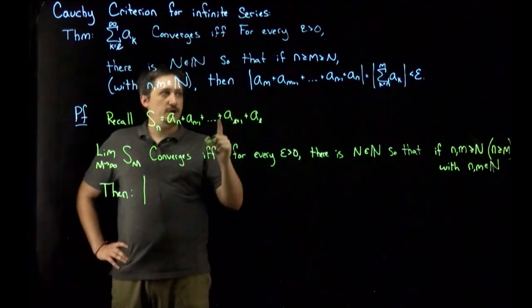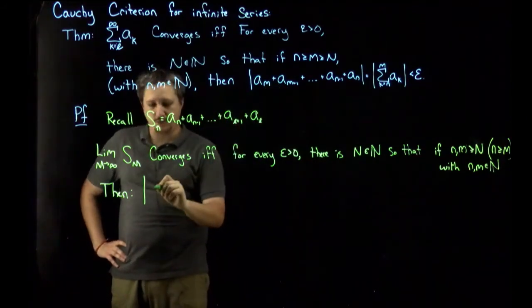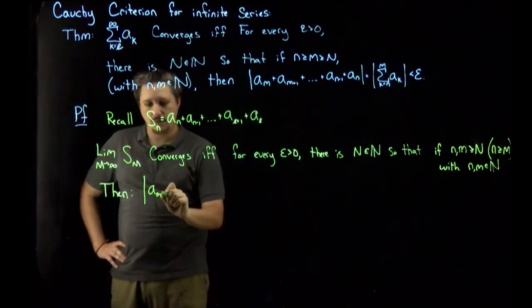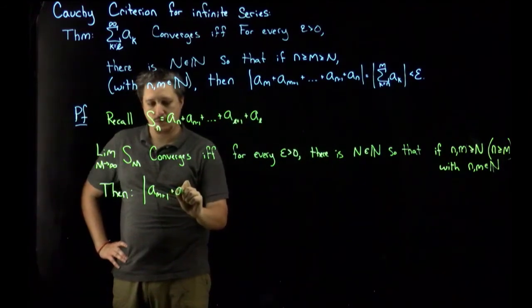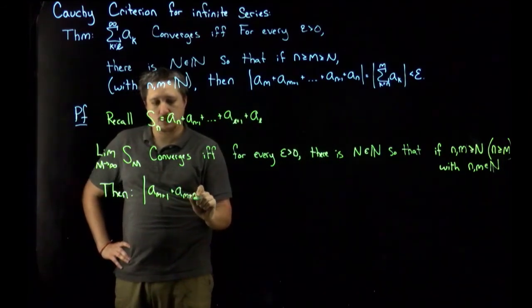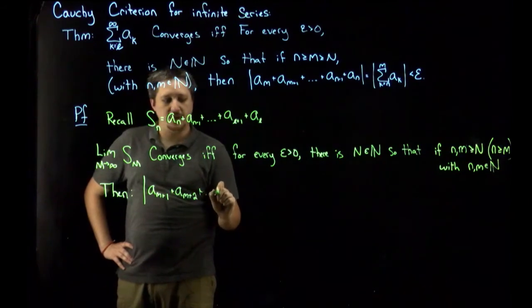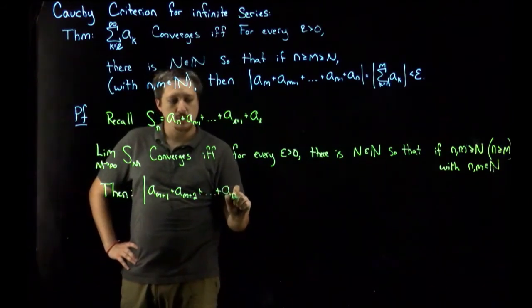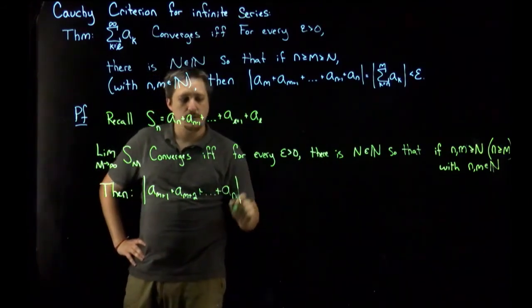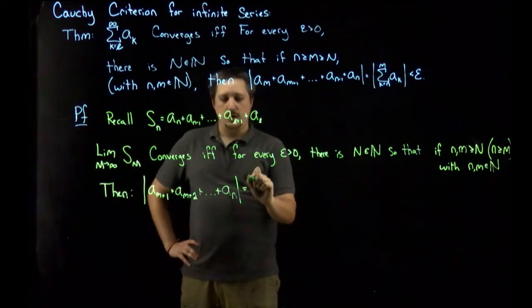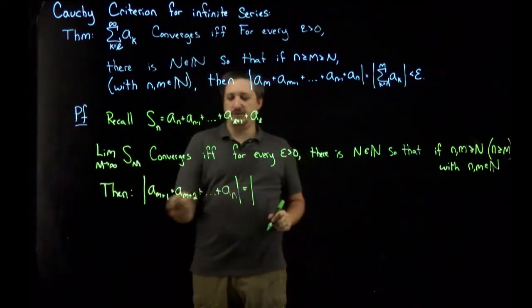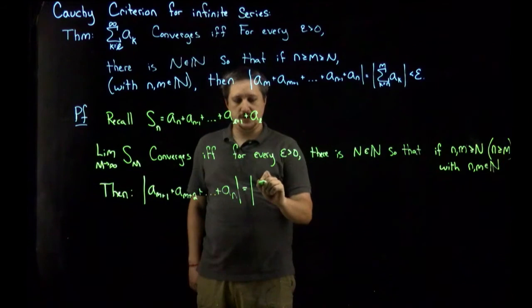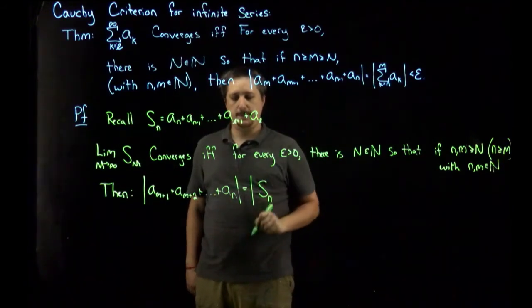so I'm going to do it from, instead of am, I'm going to go from am plus 1. But this isn't a problem, and I'll explain why. So what is this? Well, if I took the sum up to an, that would be s little n.